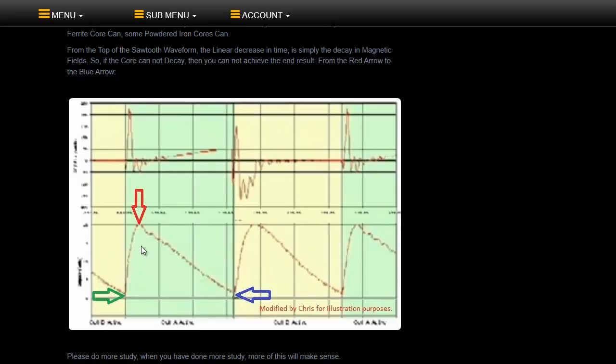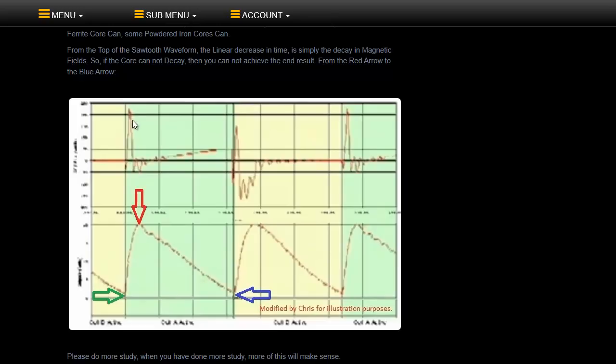Probably should have been the other way around: 1 plus negative 1 plus 1 equals 1. So we have a greater magnetic field in the forward direction from the green arrow to the red arrow. And because our coils are opposing, we have a very, very low impedance in the coils. We're just talking about DC resistance, which can be very low, in some coils less than an ohm of DC resistance.